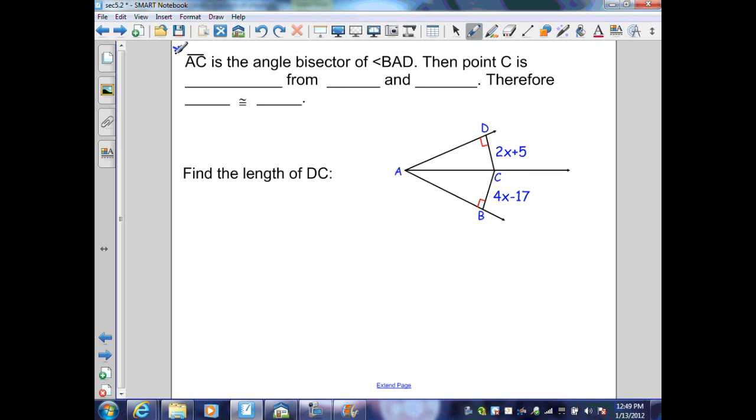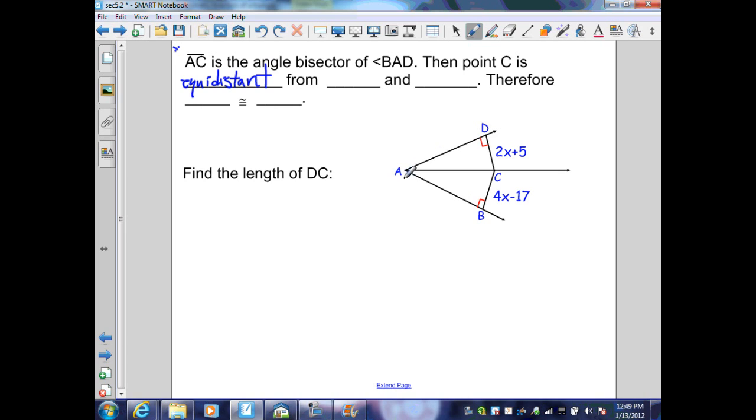On this slide, we're given that segment AC is the angle bisector of angle BAD. Then, point C, since it's on the angle bisector of the angle, must be equidistant from the sides of the angle.